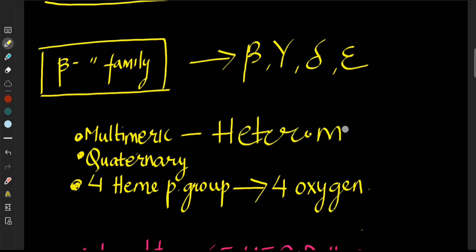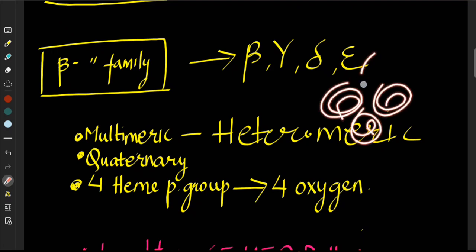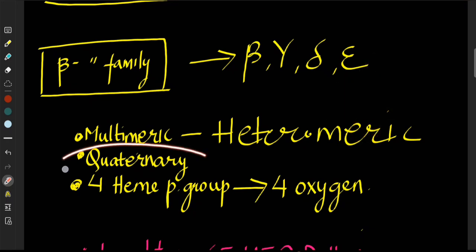Now we're going to learn why it is called heteromultimeric. The structure of hemoglobin is a quaternary structure. That means the polypeptide has already folded in the tertiary structure, and now many tertiary folded polypeptides are coming together as one. That's why it is quaternary.